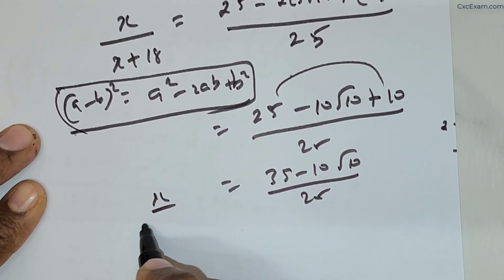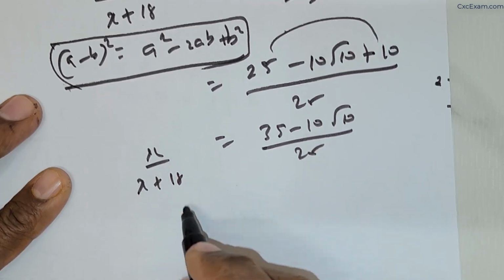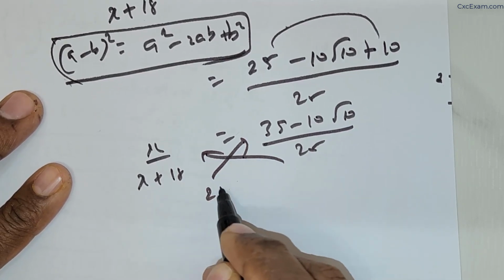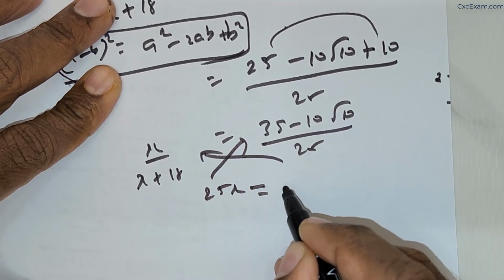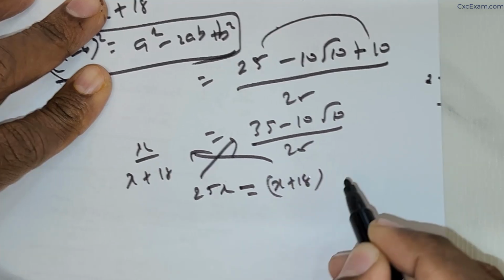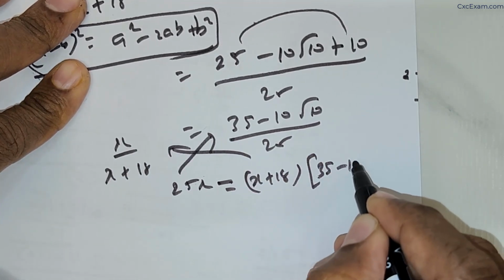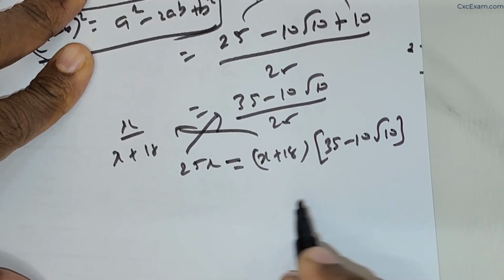On the left you have x over (x + 18). So you cross multiply, you get 25x is equal to (x + 18) times (35 − 10√10).